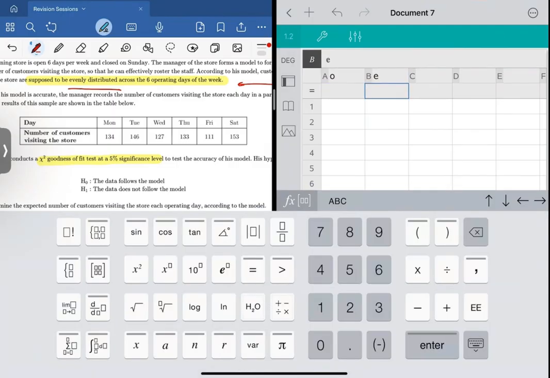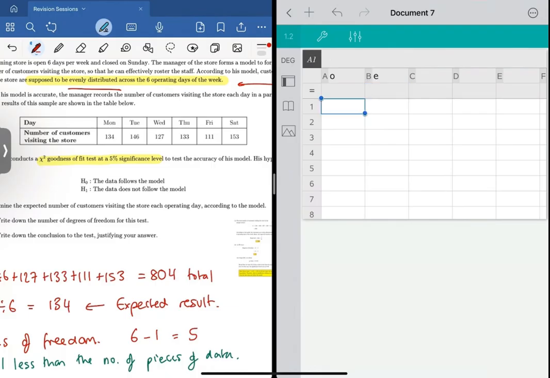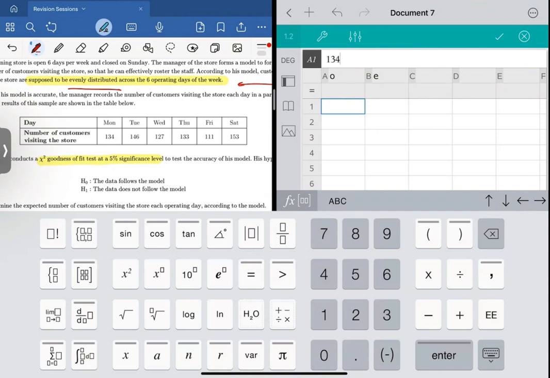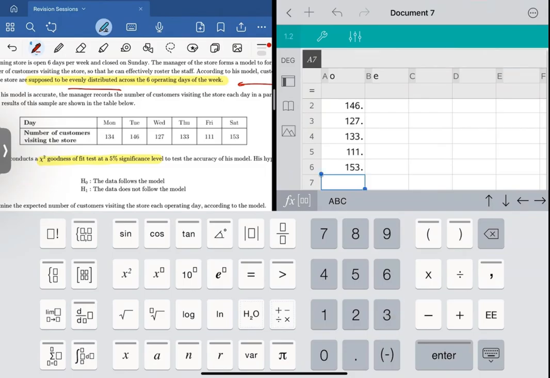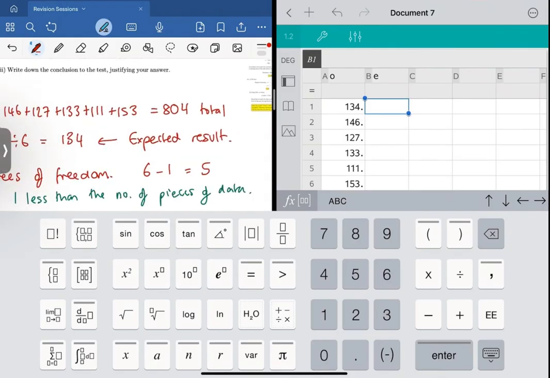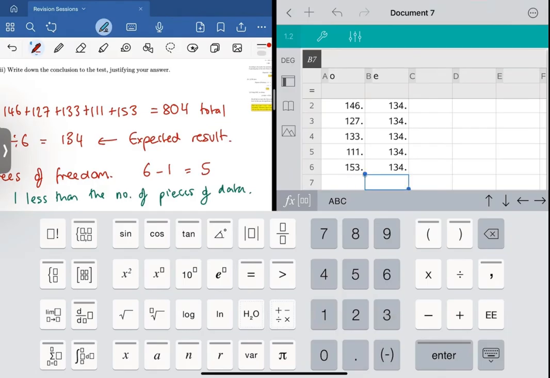In the first column is what we observe, the numbers that were given to us: 134, 146, 127, 133, 111, and 153. And what we would expect, if this followed a uniform distribution, is 134 people on each day. So we type 134 for all of these.